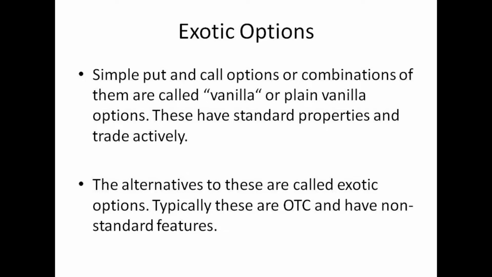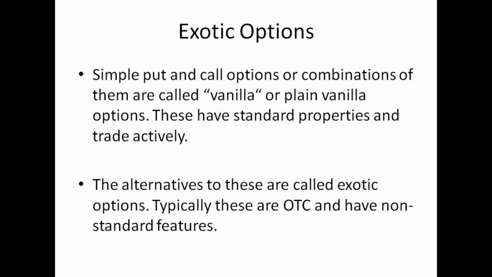So simple put and call options, or combinations of them, are referred to as vanilla or plain vanilla options. And this is just a terminology that you hear a lot in markets. When we get onto swaps next week, you'll hear about plain vanilla swaps, and that just means an ordinary everyday one. And then the kind of quite unusual products are differentiated from plain vanilla products.